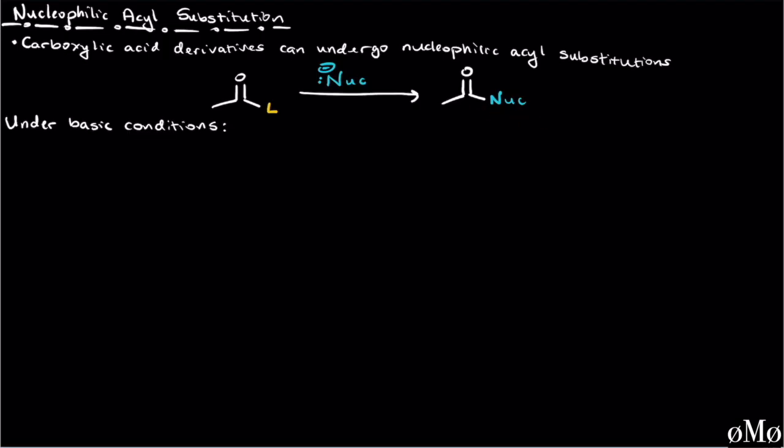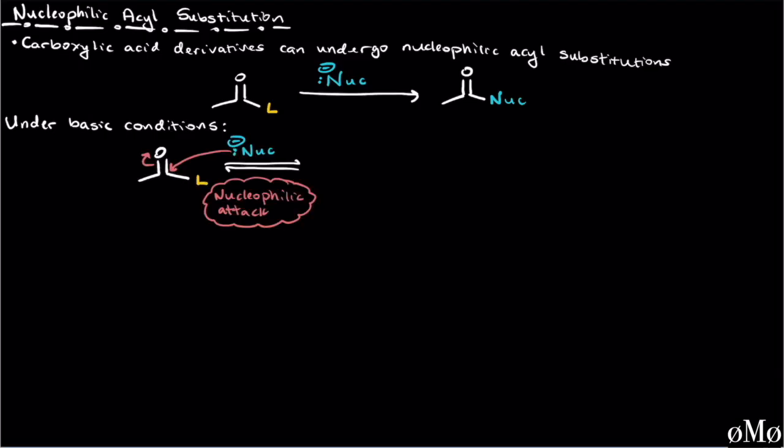So it might come as no surprise that the first step in your mechanism under basic conditions would be a nucleophilic attack of that strong nucleophile on the carbonyl center, and then the C=O pi bond breaks, which leads to your anionic tetrahedral intermediate.